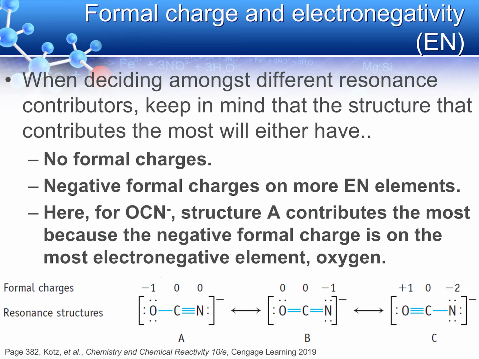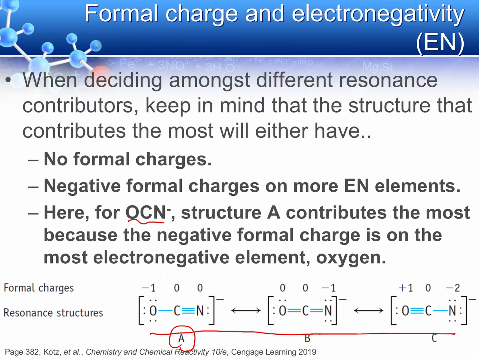So this is at the bottom. These are the Lewis structures for OCN-. This is cyanate, and you can draw these three different resonance structures. But once you do that, you should then assign the formal charges.